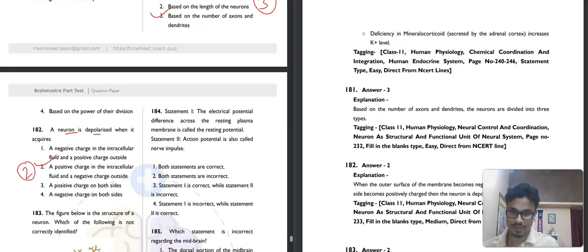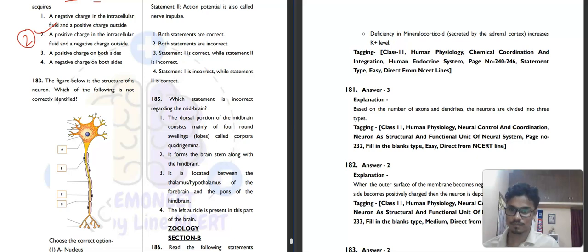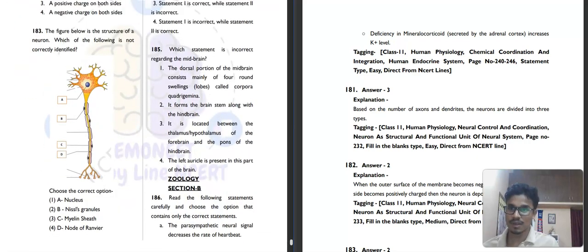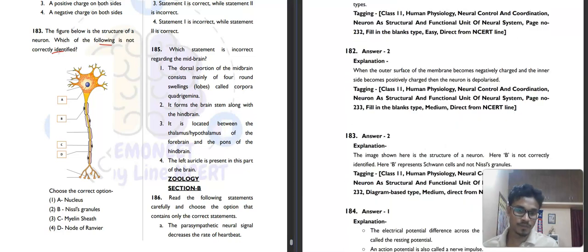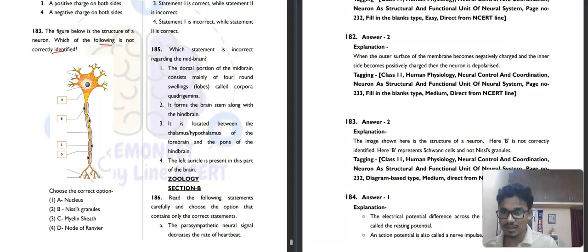And question number 183. Let's see what it is saying. Okay, now the figure below shows the structure of a neuron. Which of the following is not correctly identified? Let us see. Here A is the nucleus, yes, correct, and B is labeled Nissl granules.